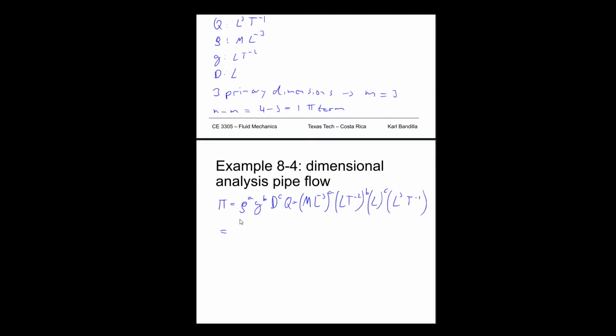If we organize that as M, L, T: M is only at A. L is minus 3A plus B, to the 1, plus C, and then plus 3. And lastly, T is minus 2B, and then minus 1.